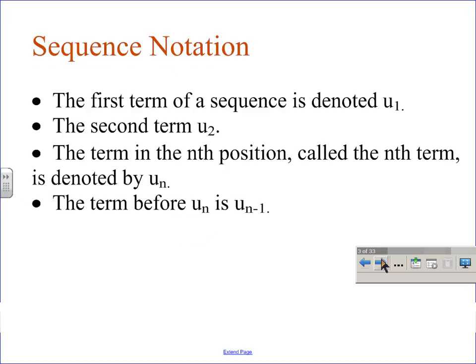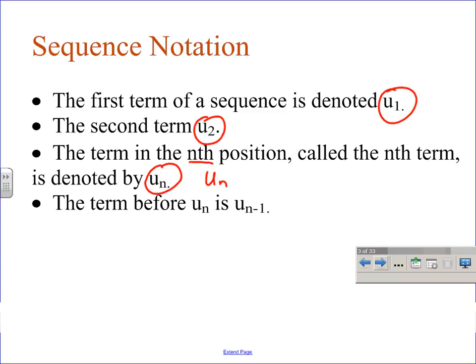Sequence notation. The first term of the sequence is going to be a sub 1. So that's our first term. Second term, we're just going to use a 2 in the place of that 1. After that, we're going to look for the nth position. So that might be the third, the fourth, the fifth. And that's going to be the nth term there, a sub n.